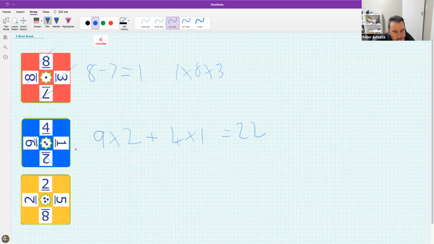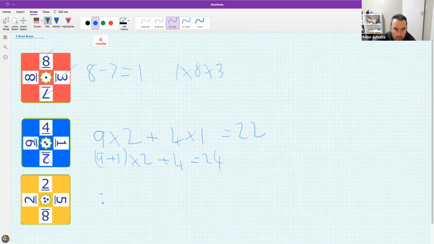So I like the way you were thinking about things there, but Andile. So Andile says 9 plus 1 is 10. And then 10 times 2 is 20. And then plus 4 is 24. Yes, that is correct. So 9 plus 1 to get 10 is the really important bit. And then you go from there.